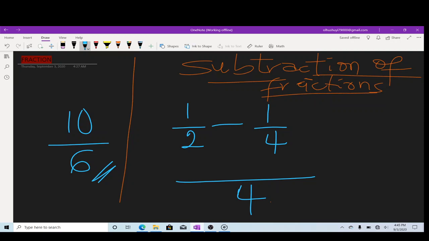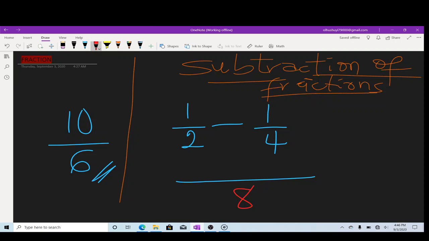Anytime you don't know how to get your LCM, just multiply the two denominators involved. Here we are going to be having 2 times 4, we have 8. You can go that way to find your LCM.